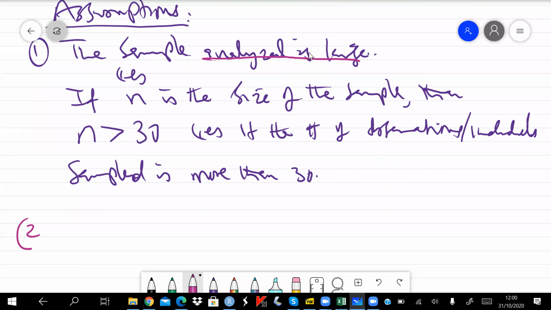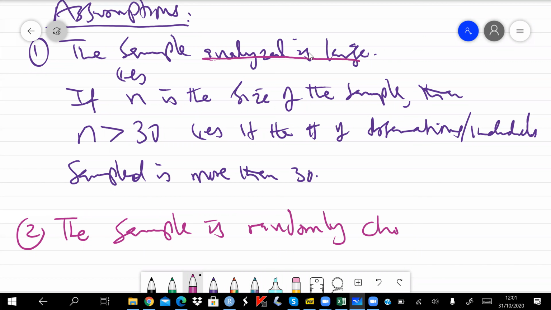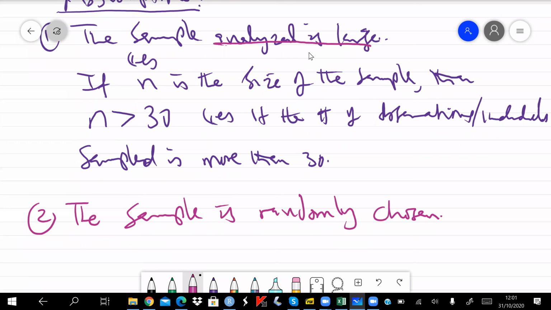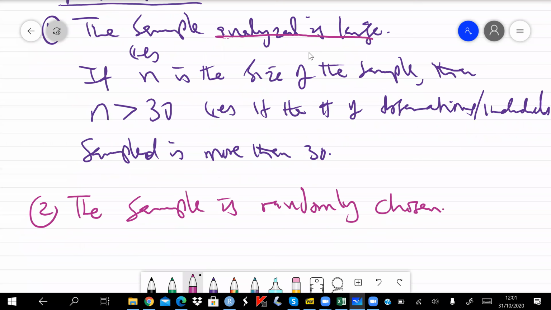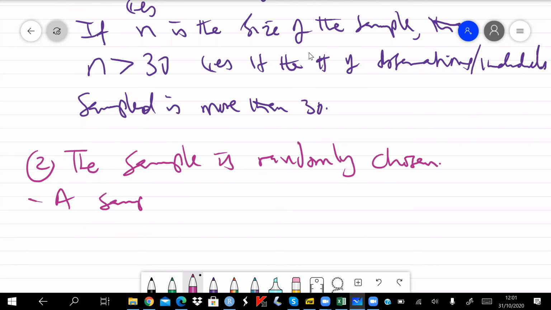Number two, the second assumption is that the sample is randomly chosen.